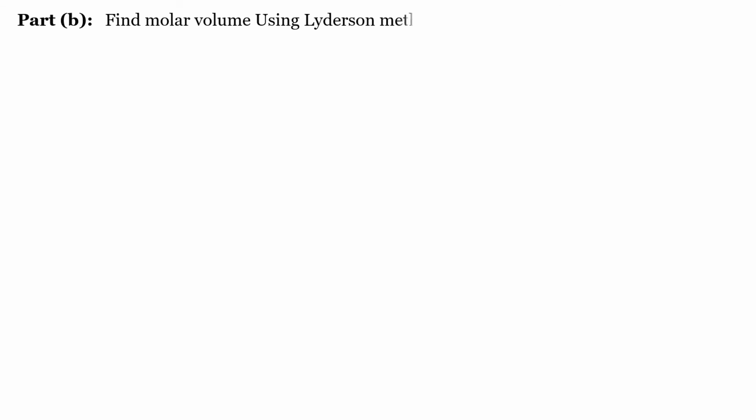In part B, find molar volume using Lederson method. So we know that in Lederson method, Z is expressed as a function of TR, PR and ZC. These values are given in the problem.